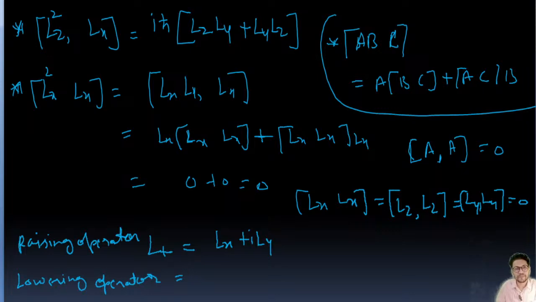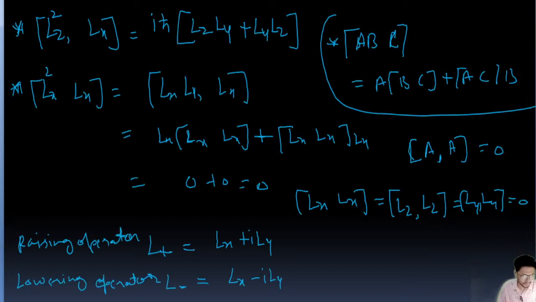Lowering operator we can write like this. Lowering operator is going to be L minus, and that is Lx minus iota Ly.